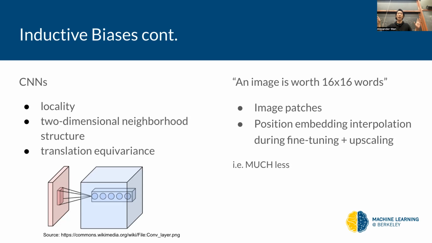For example, if you recall the sliding window architecture of your CNN, in a single CNN layer, the only way that two pixels can interact with each other is if they're within the limited kernel size, right?